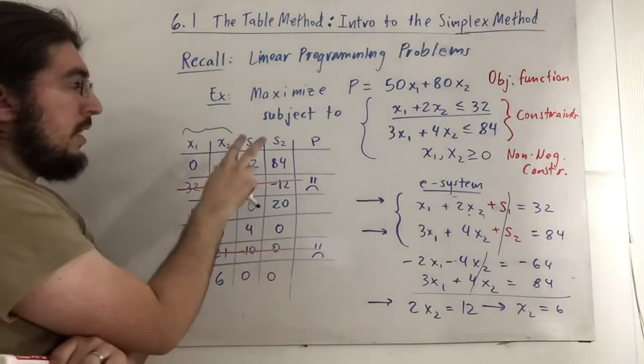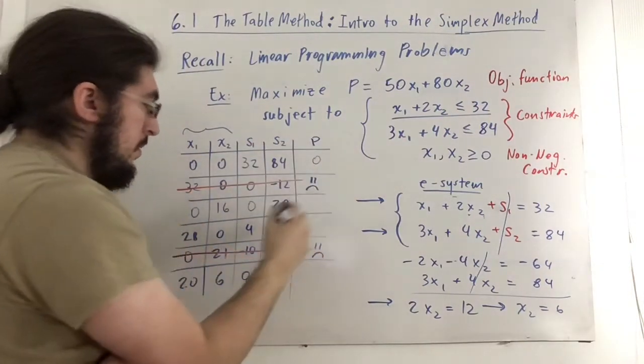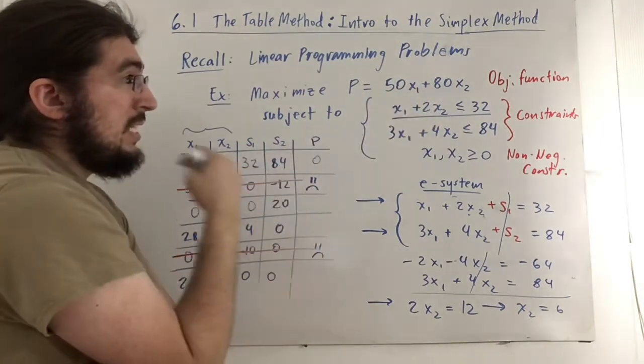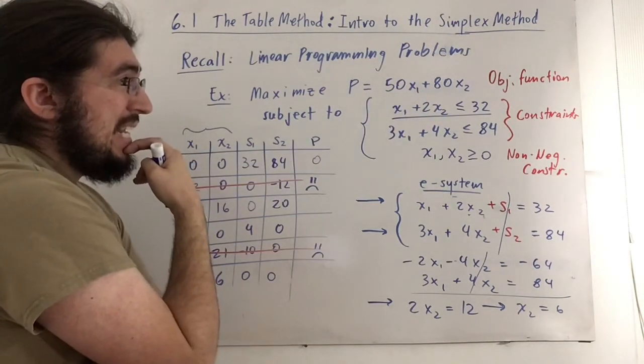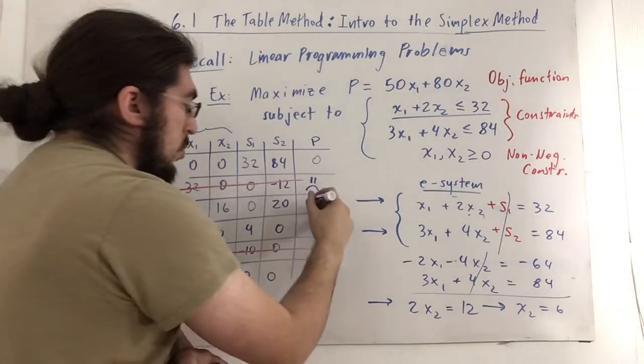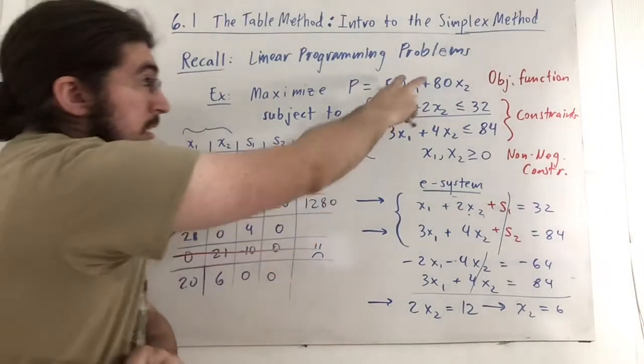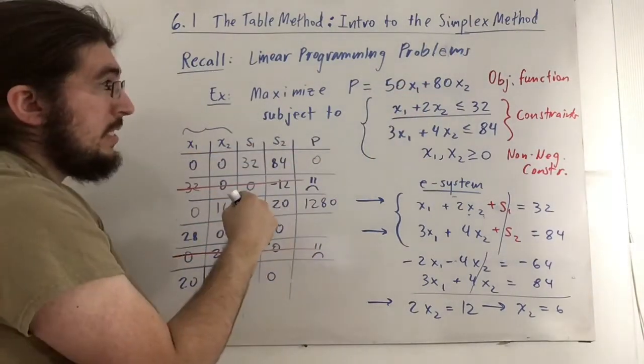So let's see, when you plug in 0, 0 to P, you get 0. When you plug in 0 and 16 into P, you get 16 times 80, which is 1280. When you plug in 28 and 0 into P, you get 1400.